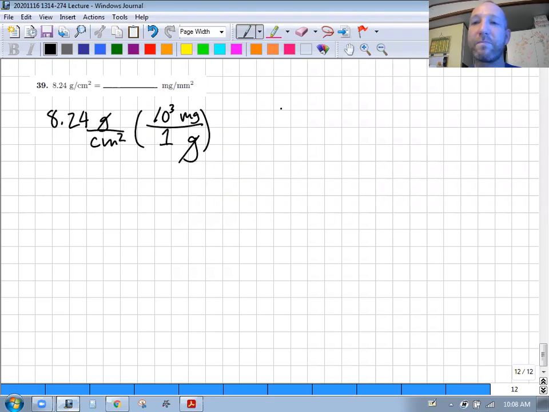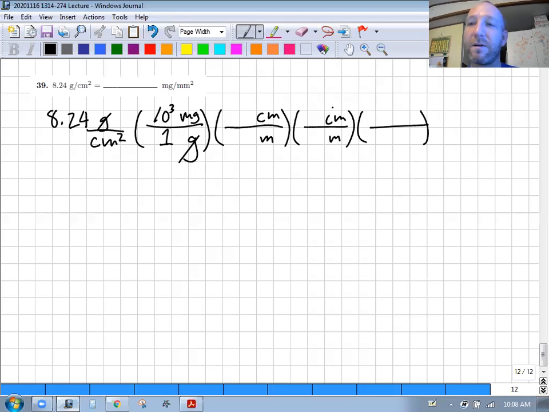So I don't know centimeters to millimeters. I know centimeters to meters. We have to do it twice because this dude's squared. And then I can go from meters to millimeters. I have to do that twice.